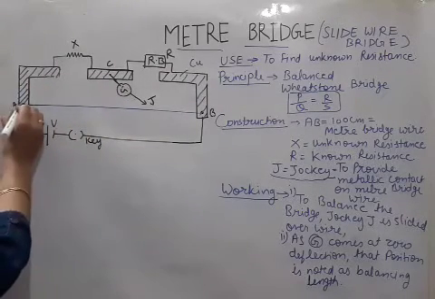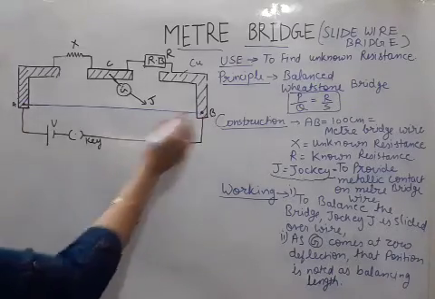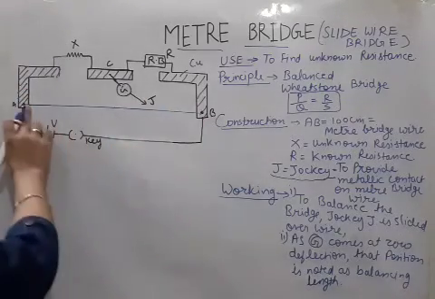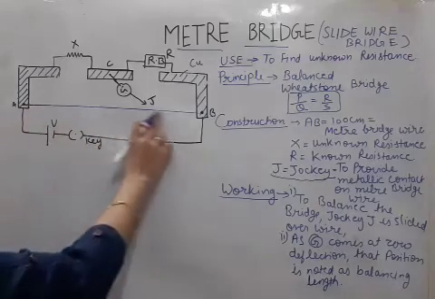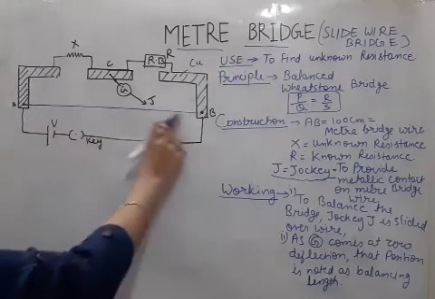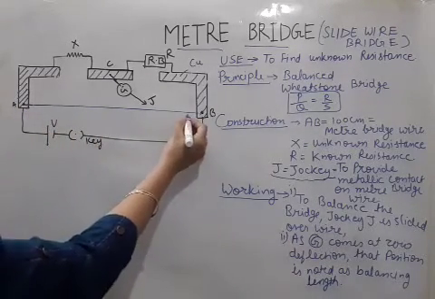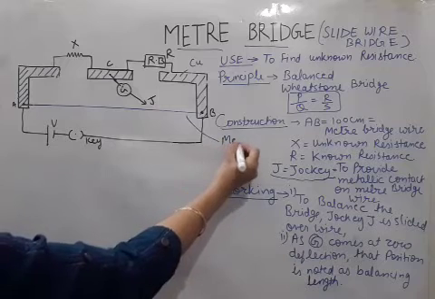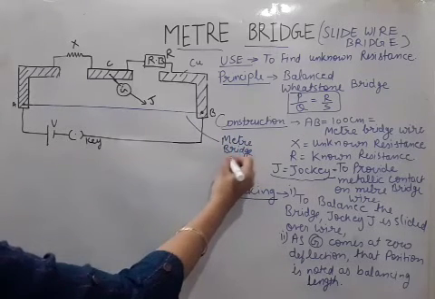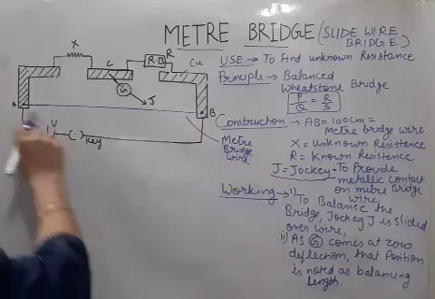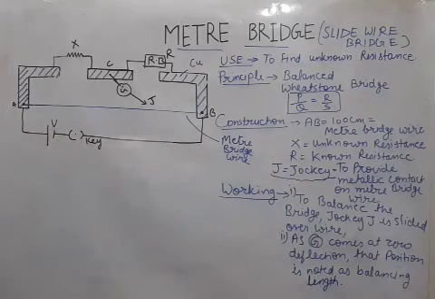Then between the last edges of these 2 strips, between the points A and B, we have to connect a wire, this blue color wire. This wire is actually the meter bridge wire.